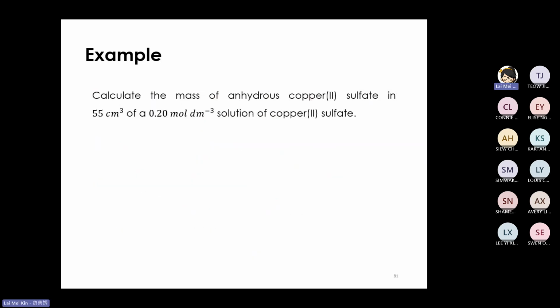Can you try this example and see? It's the other way around. I want you to calculate the mass. Anhydrous means dehydrated, or in other words, without water. Anhydrous copper 2 sulfate.